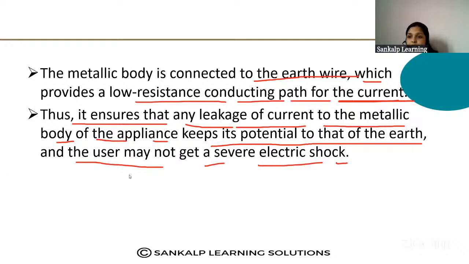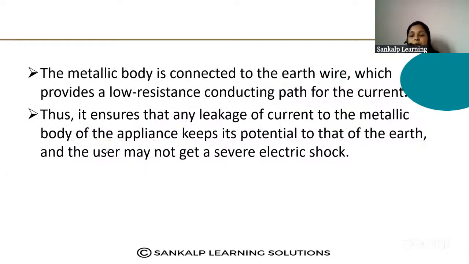So the earth wire removes the extra leakage current from the metallic body to the earth. It is useful for the users, as it prevents them from electric shock. So this is the answer for the first question.